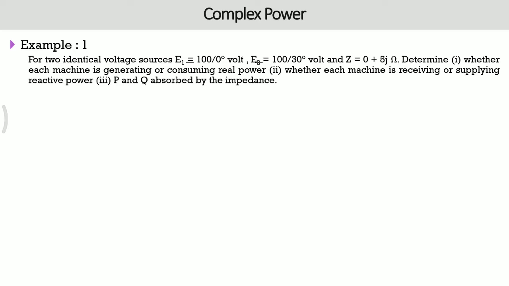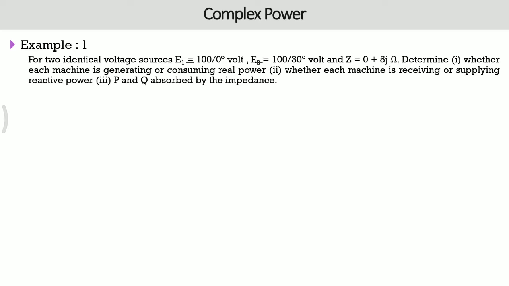From the impedance we can say that there is no resistive component, because the real part is 0. There is no resistive part, only the imaginary part is present, so it is either a capacitive or an inductive load.